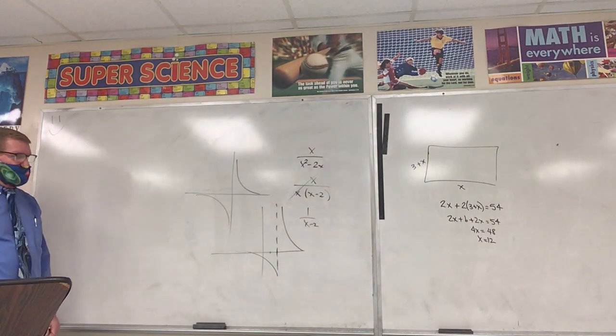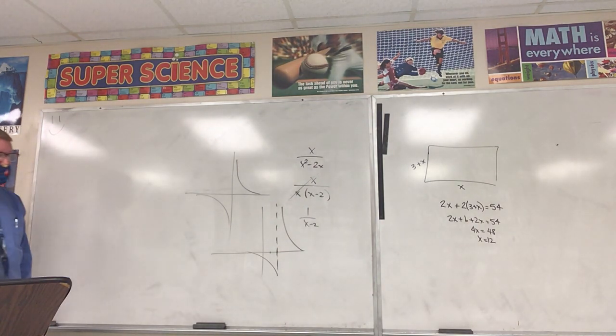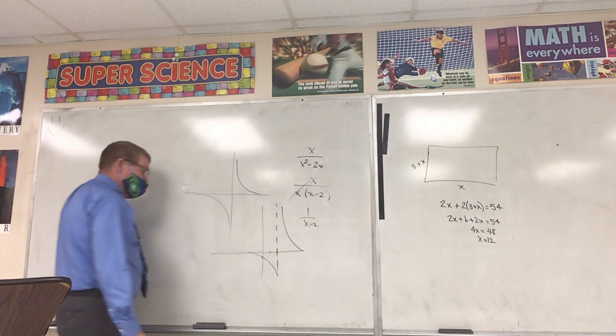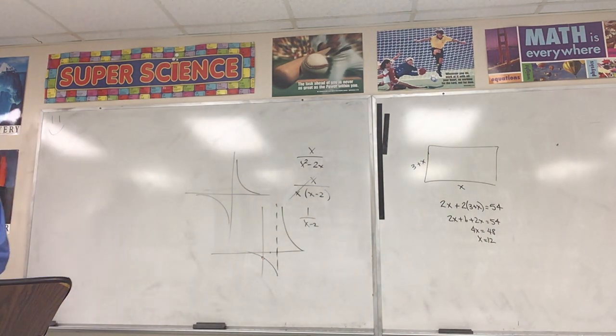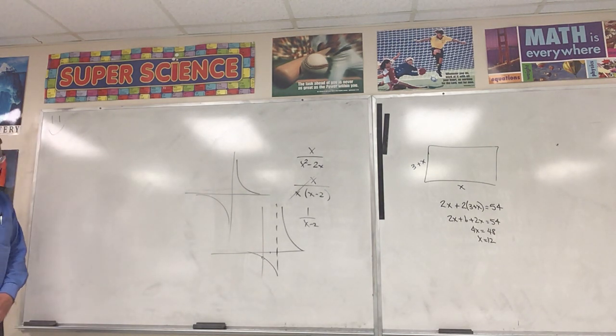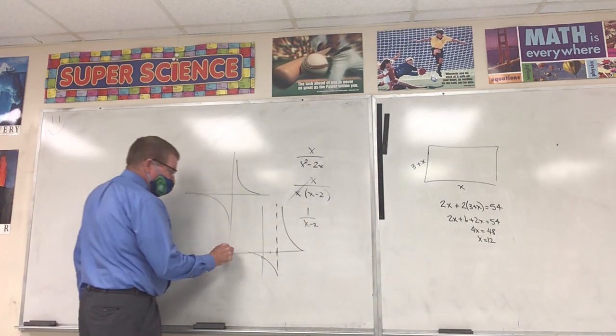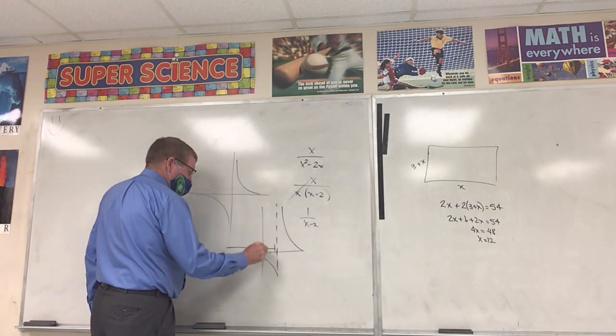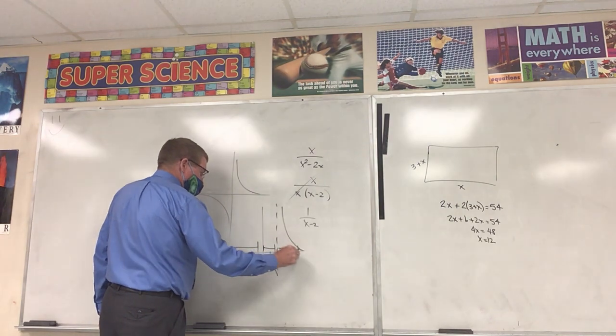And I have a hole where? 0. So therefore, what's my domain? Negative infinity to 0, 0 to infinity? Close, not quite. We go from here to here, and then from here to here, and then from here to here.